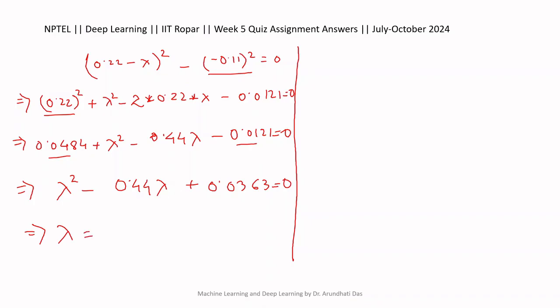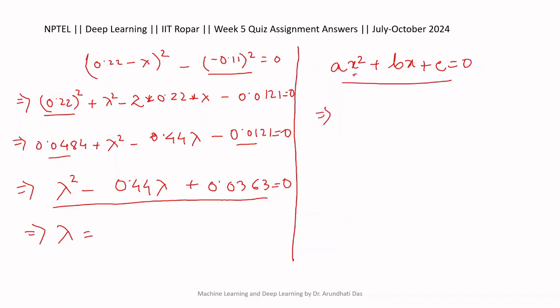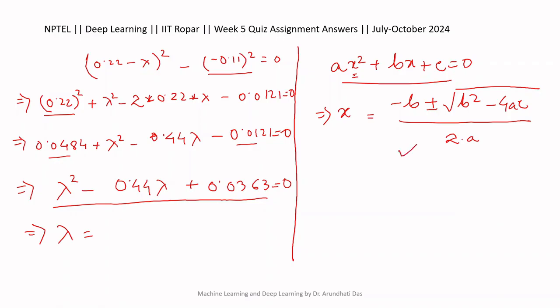Here this particular equation is of the form ax square plus bx plus c equal to 0, right? And in this type of equation, how do I find the root of the unknown value x? x equals minus b plus minus root over b square minus 4ac, divided by twice of a. So that formula I am going to apply to my equation here.